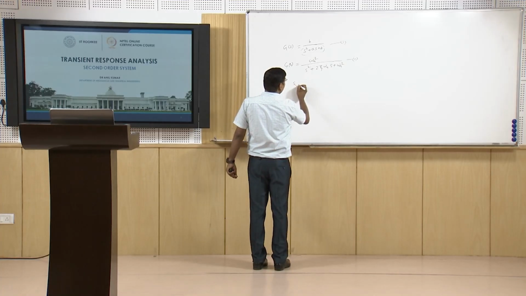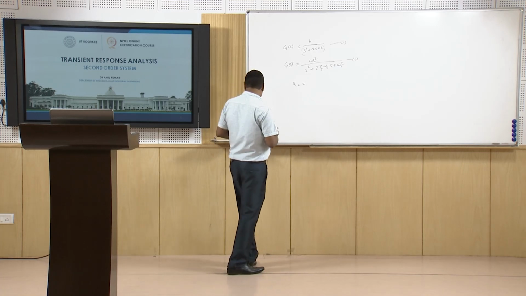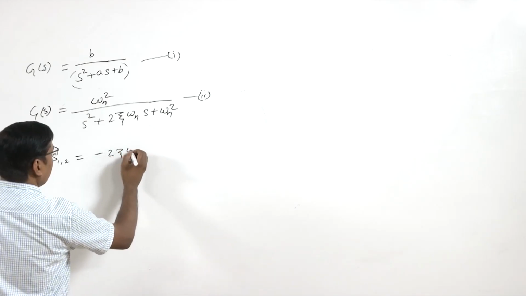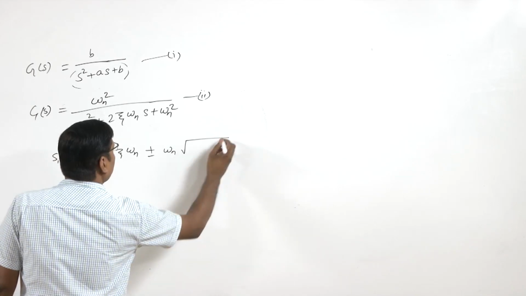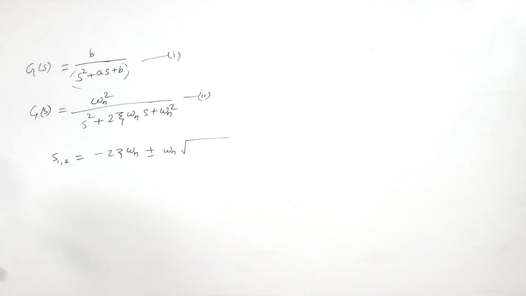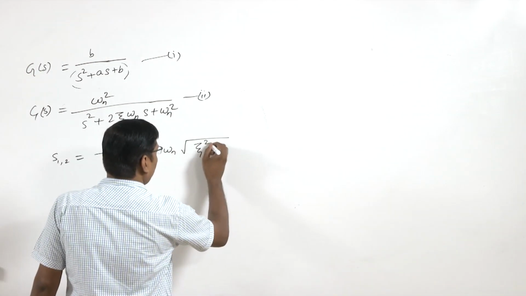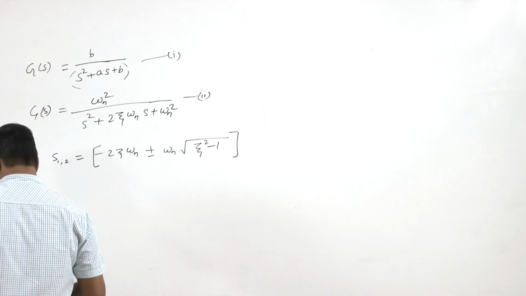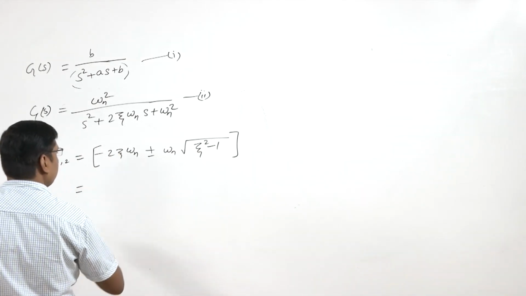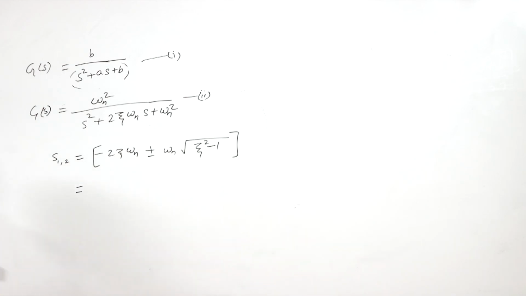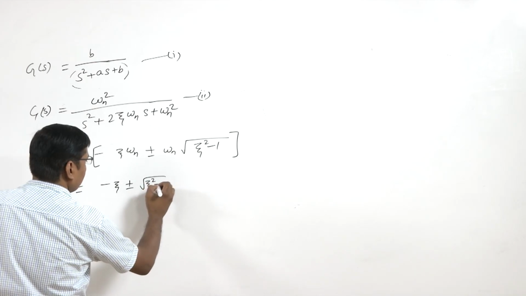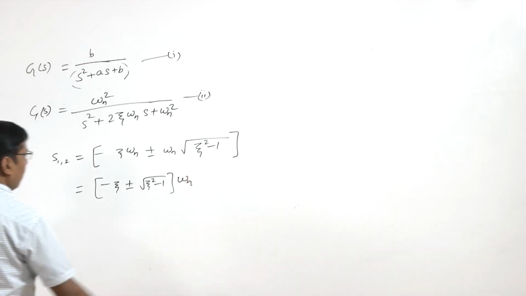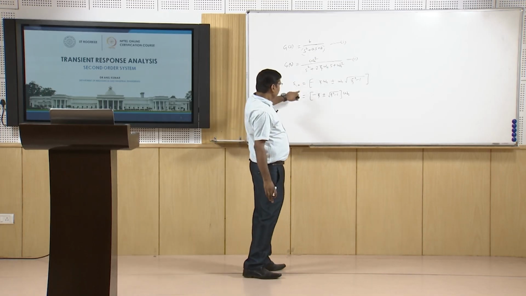So here S1,2 we can write as minus zeta omega n plus minus omega n root zeta square minus 1. So these are the 2 roots for this equation number 2, this transfer function.